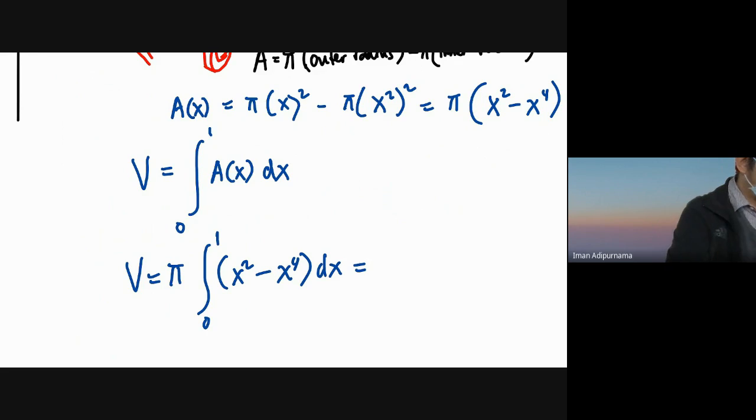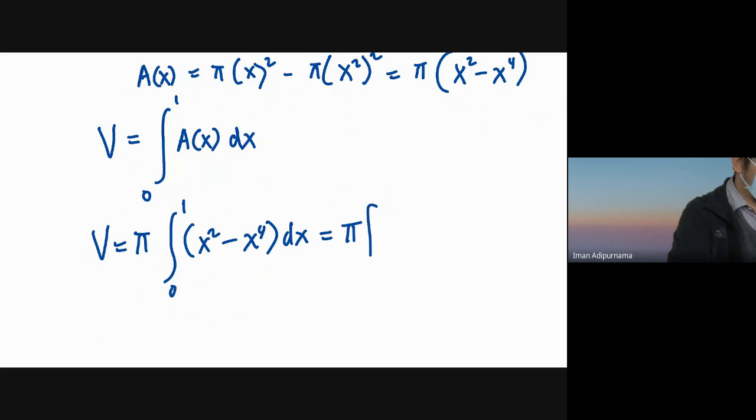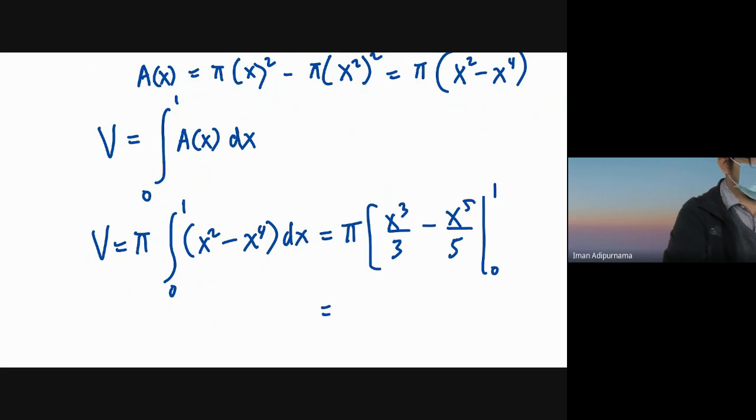Okay, and we can solve this and integrate, and then input 1 and 0. This will be 1/3 minus 1/5, so 2 over 15, times pi.